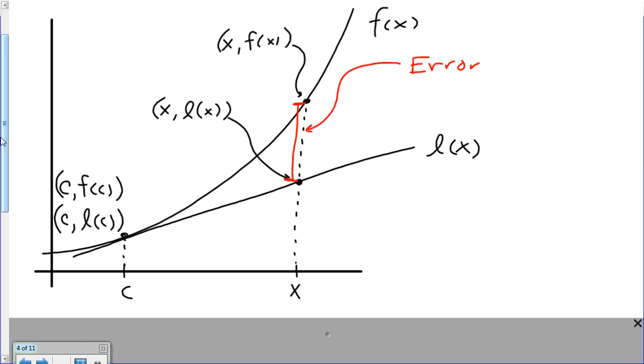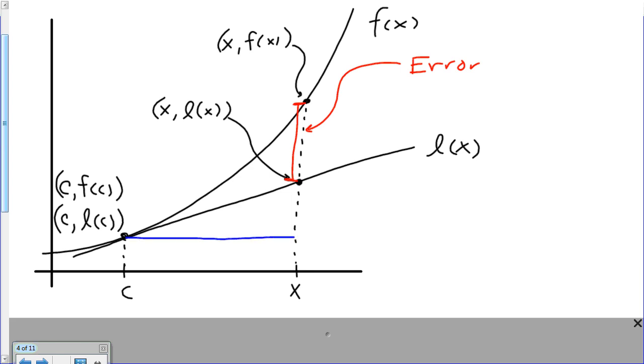Okay, now what I want to do is look at the connection between dx and delta x, dy, and delta y that you've seen going all the way back to the beginning of chapter 3, when we first looked at a derivative. Let's start with delta x and delta y. Delta x is a change in x value.